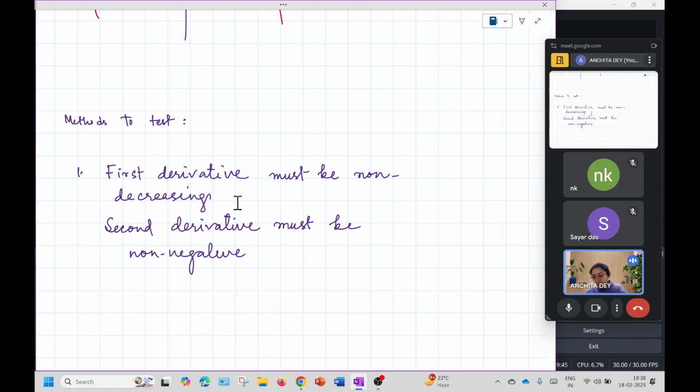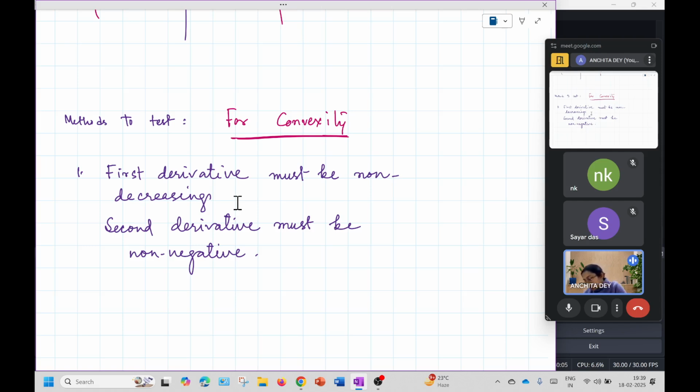If this is true, then a function is convex. Now of course it can be used only for functions that are twice differentiable, because you're doing differentiation twice, right?